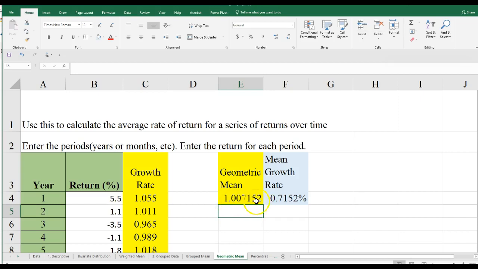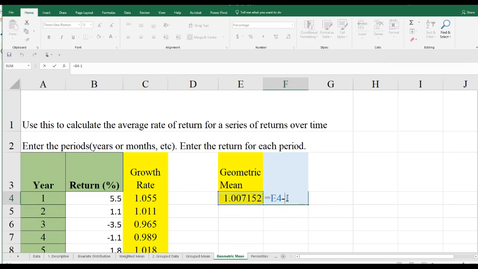Now, this is not the mean growth rate. I assume people had read the textbook, so they would know that you still need to take that value and subtract 1 from it in order to get the decimal representation of the growth rate, and then convert that to a percent.